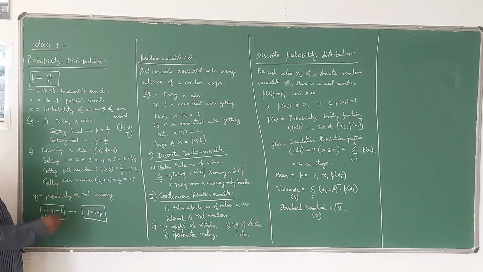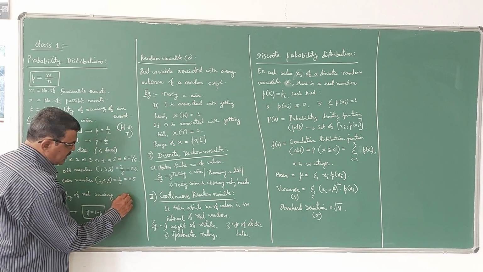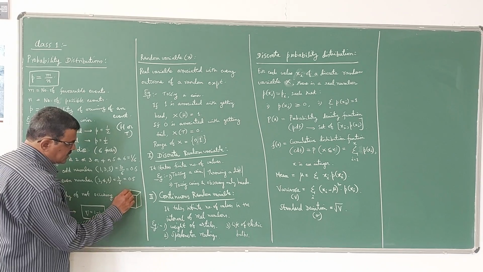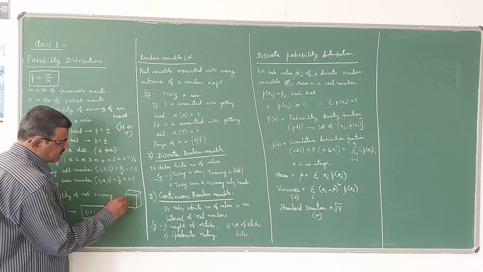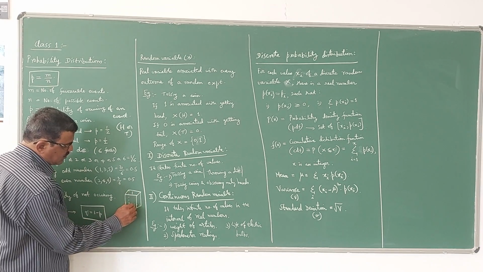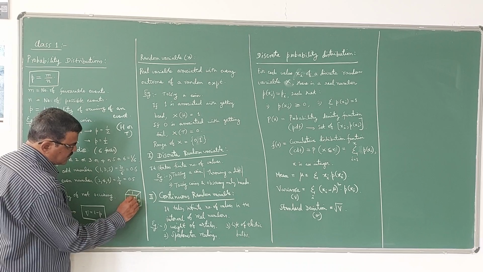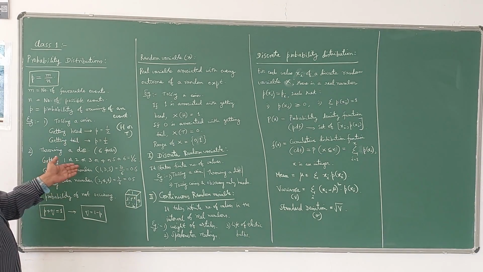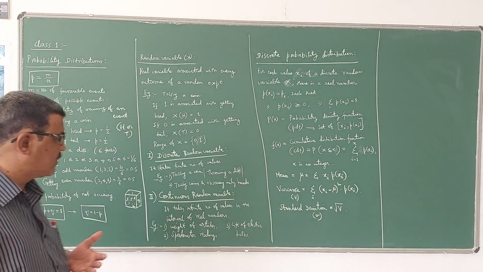If you take the example of a die, a die has 6 faces. It is like a cube, and a cube has 6 faces. On each face, numbers are written: 1, 2, 3, 4, 5, 6. If you throw a die, there is only one possibility, only one number will appear on the top.